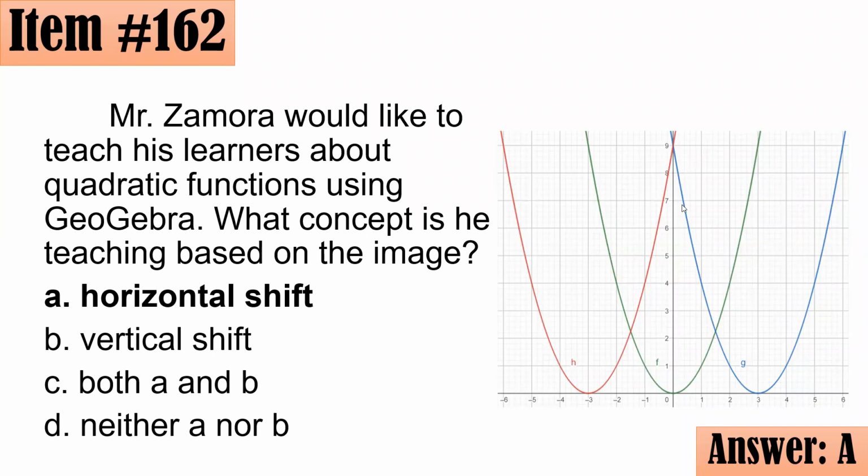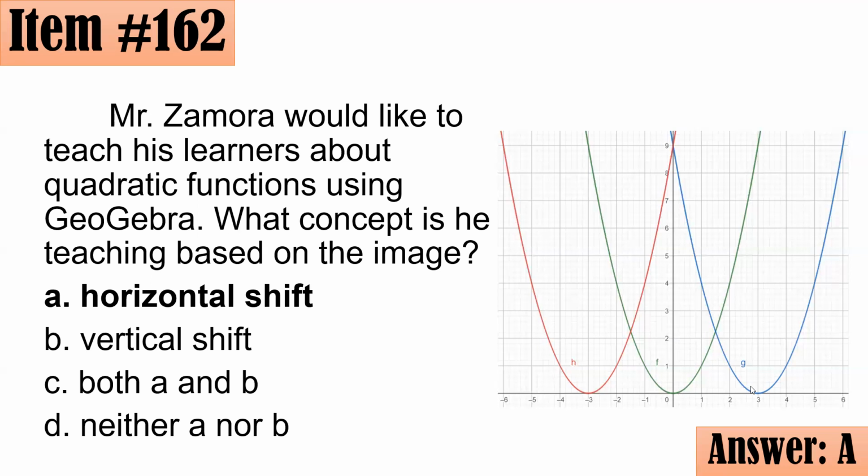It's just that it was shifted, or parang yung figure na to, yung green graph ay na-move lang siya ng ilang units, so particularly 3 units going to the left. Samantalang this blue graph, it's the same as the graph of the green parabola, but was shifted 3 units to the right.